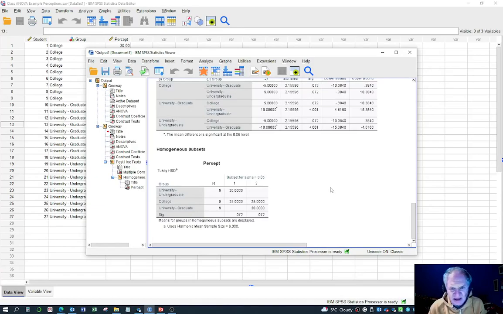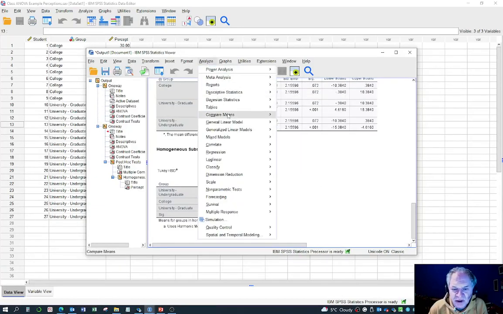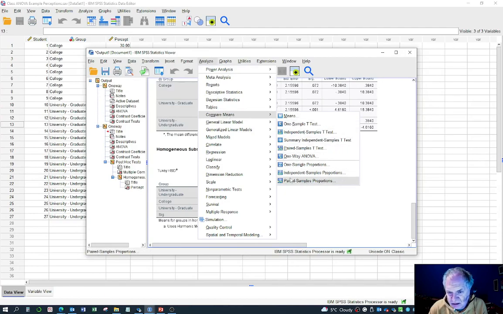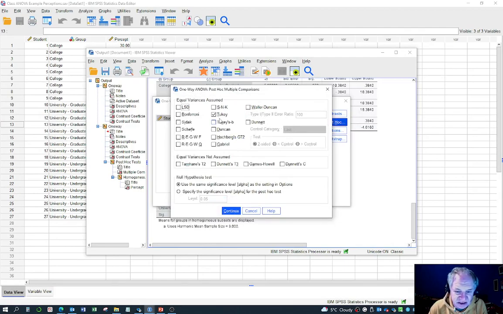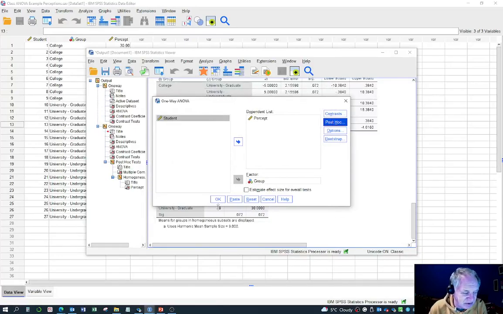Now this is where it can get a little fuzzy too. So let's say I go and compare means, one-way ANOVA, and now this is a subjective decision. The LSD is Fisher's LSD. It makes no corrections at all. It's like doing t-tests. So let's see what happens when I do that one. It's the least conservative. I would avoid it at all costs.